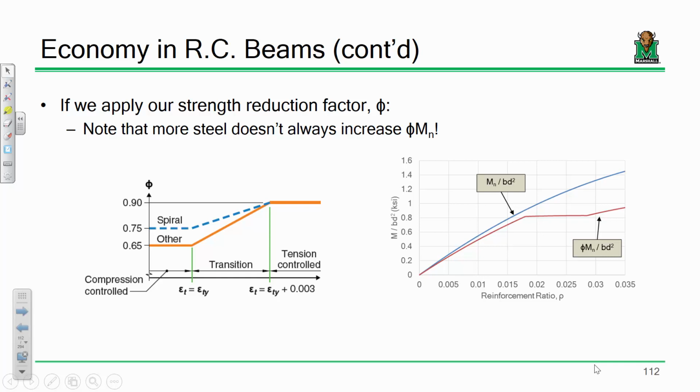That doesn't necessarily mean that it's actually performing any better. You could be at a point where you're dumping all this steel into the section, you're literally not getting any bang for your buck. So don't do that, okay? Trust the math. Just do the math correctly. So does that make sense?